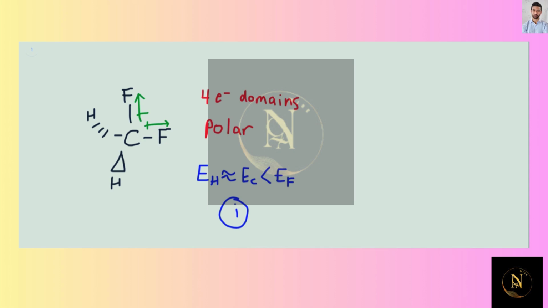And the same follows through for number 4. You could make an argument that the carbon is pulling on the hydrogen to the same extent the hydrogen is pulling on the carbon, but it's not going to create an overall dipole moment.